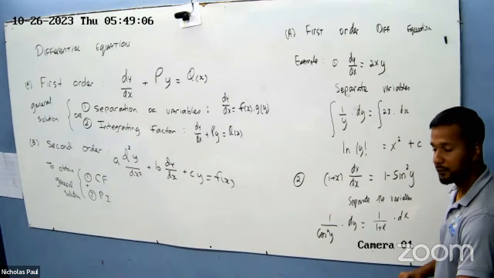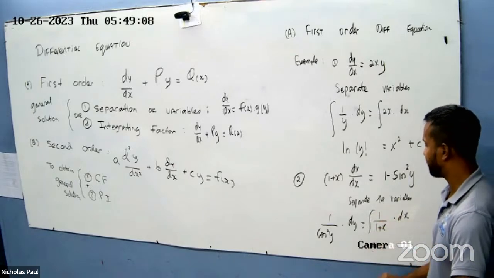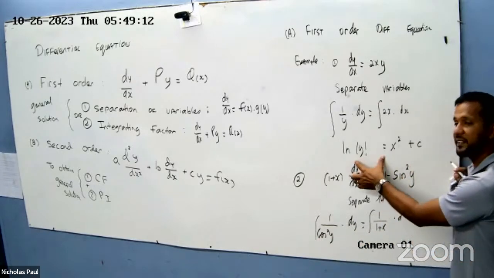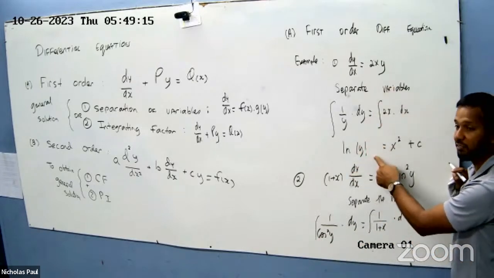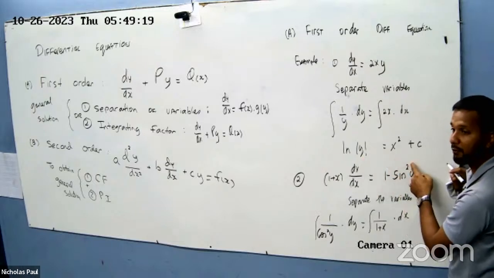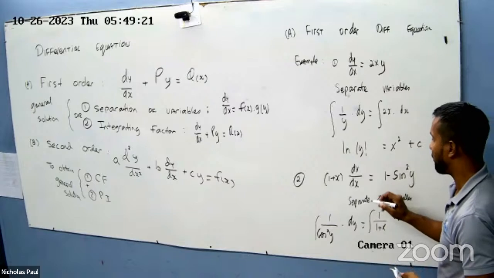What's the integral of this? Oh, by the way, I forgot to mention something. The purpose of solving it is to solve for y. So really and truly, I should have made y the subject of the formula here. I left out that line.